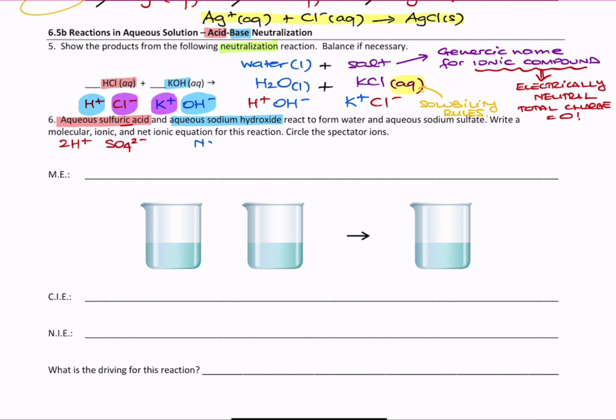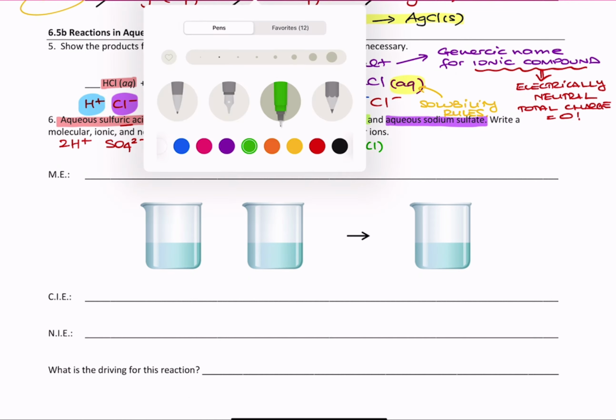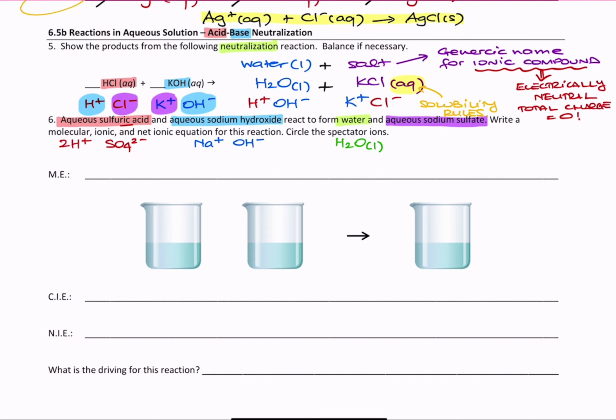Sodium hydroxide, the sodium ion is Na plus, the hydroxide polyatomic ion is OH minus. They react to form water, so we're going to form H2O liquid, and a salt, aqueous sodium sulfate. The sodium sulfate will be the combination between the sodium ion and the sulfate polyatomic ion. Therefore, we're going to need 2 of the sodium ion to balance the charge out.